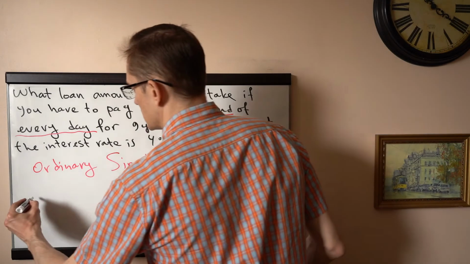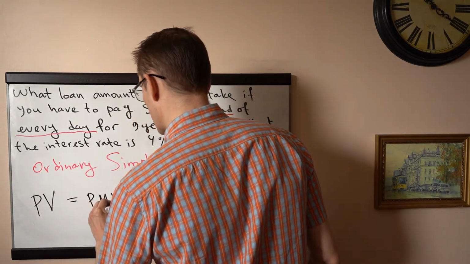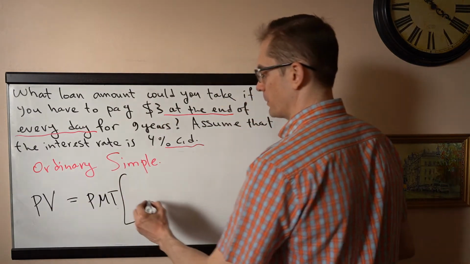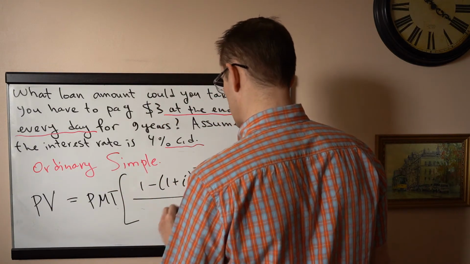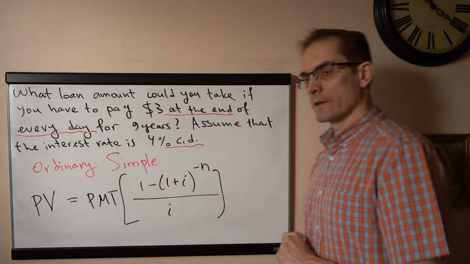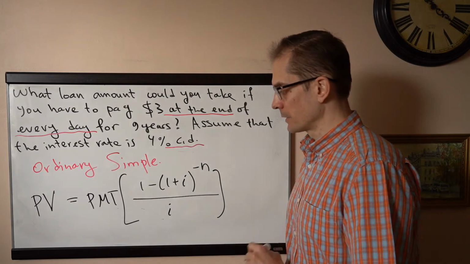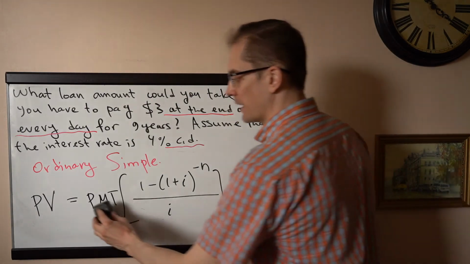So present value is the formula we're interested in. So we have payment times 1 minus (1 plus i) to the power minus n, over i. And that's our formula for the present value of annuity. Now, of course, we will put things in.